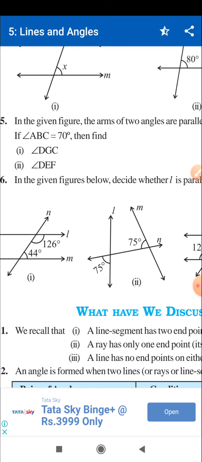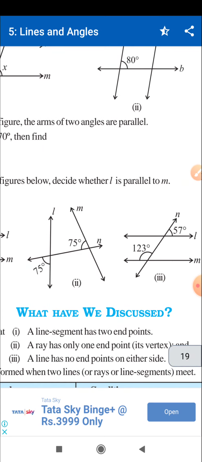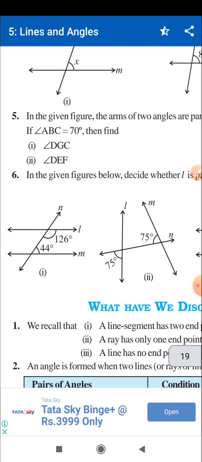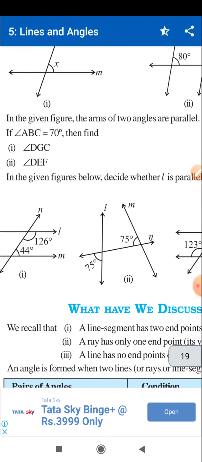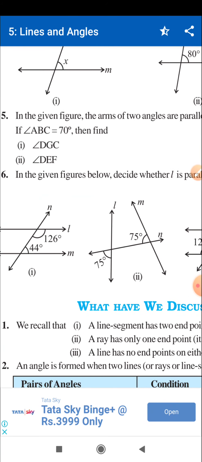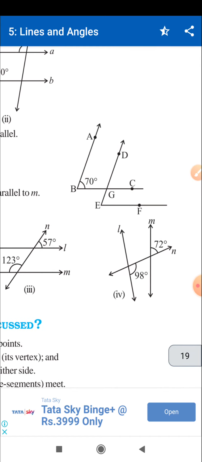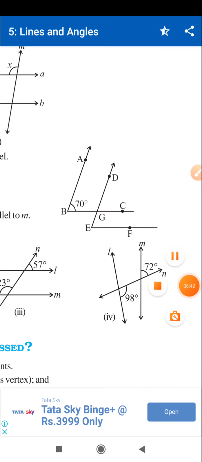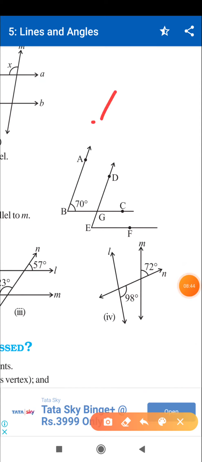Our fifth question is, in the given figure the arms of two angles are parallel. If angle ABC is 70 degrees, then we have to find out the angles DGC and DEF. It is given in the question that the arms of these angles are parallel to each other.